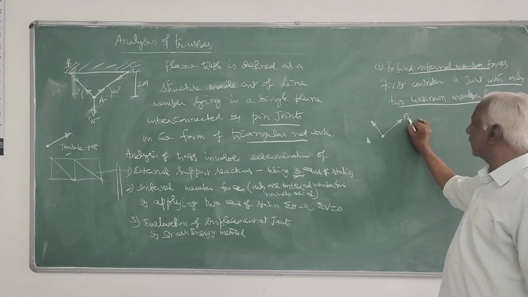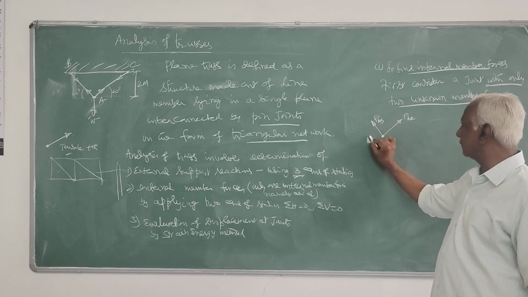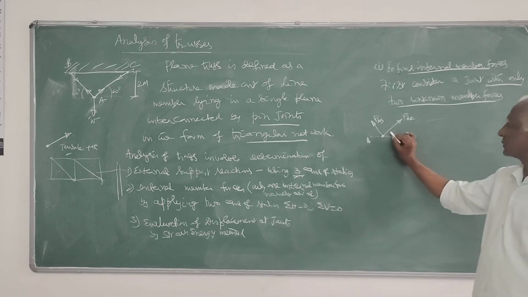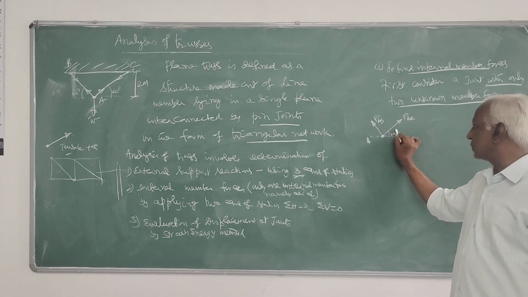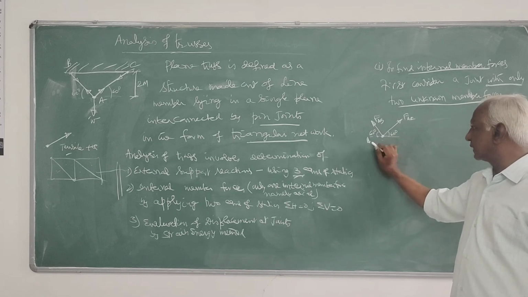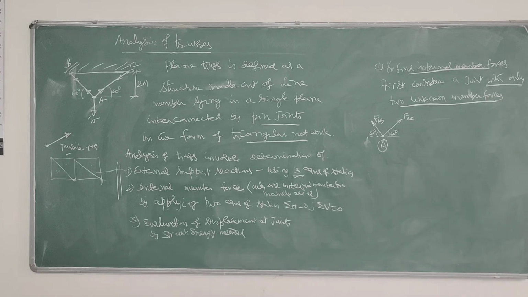This is FAC, this is FAB. That direction we always take to start with, the positive direction. The inclination is known, 60 degrees, 60 degrees, and this is point A. This is called the free body diagram.